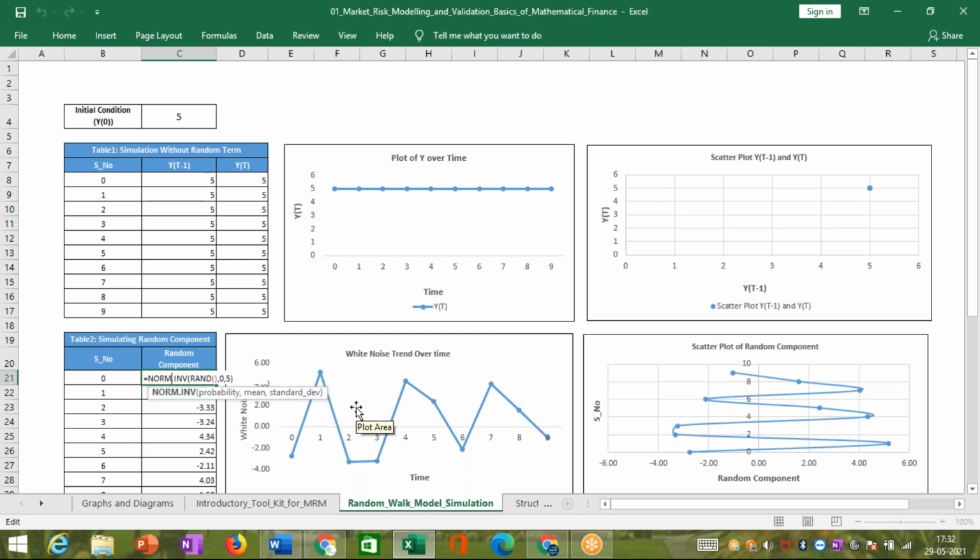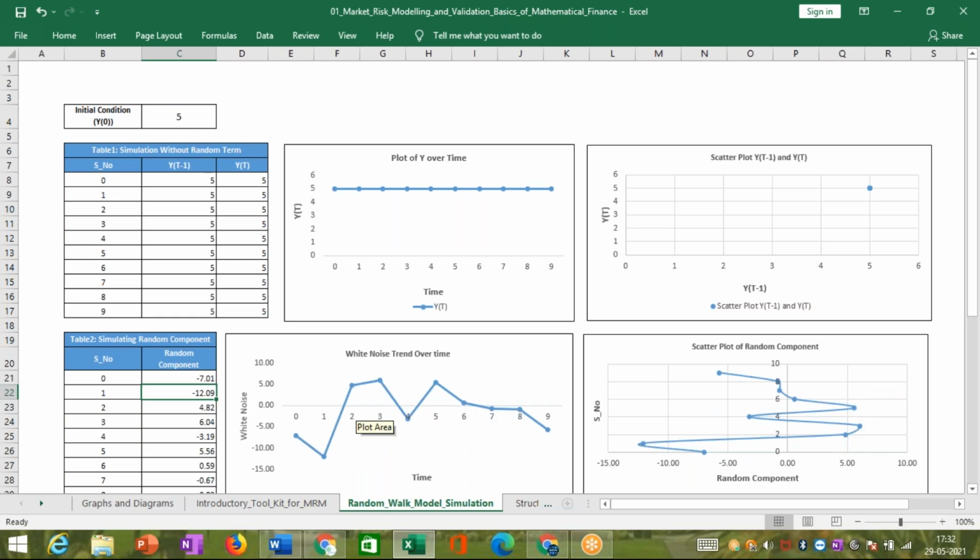These random points will be anything between plus and minus, and you see how the noise range changes as the numbers increase. So how does this noise move over time?